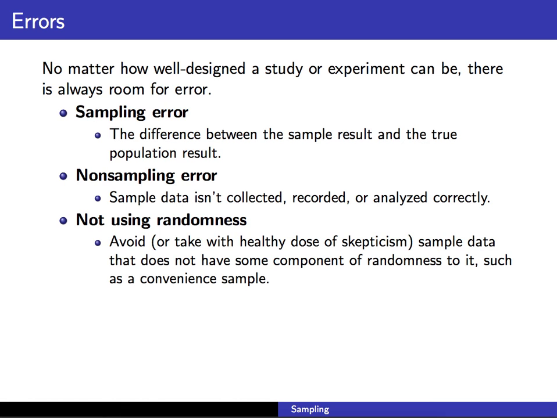So avoid, or take with a very healthy dose of skepticism, any sample data that doesn't have some component of randomness to it, like convenience sampling or voluntary response sampling.